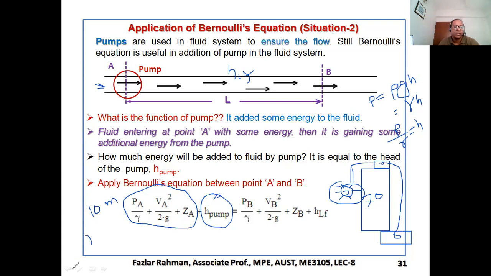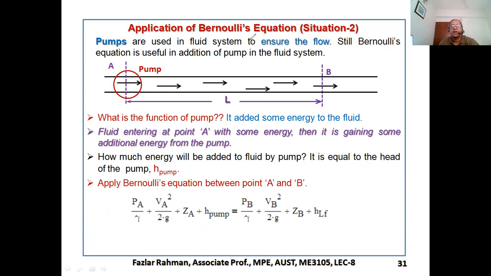You can figure out the maximum pressure from P equals rho g h, where h is the head of the pump. So this much pressure we can generate. Okay. Now our target is: if there is a pump in the system, how can we apply the formulation?